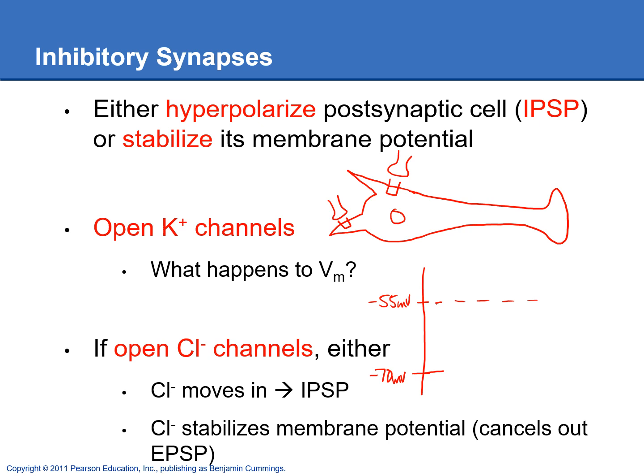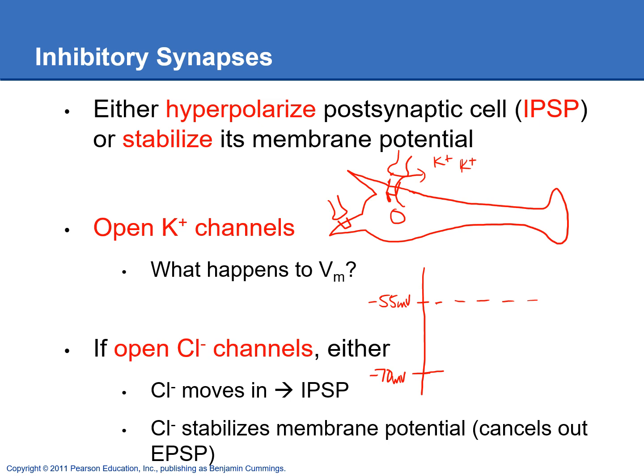Okay, let's take a look at creating IPSPs. So let's have our presynaptic neuron release some neurotransmitter here. And let's say our ligand-gated ion channel opens, and let's say this one's specific for potassium. And remember that potassium always wants to leave the cell. So if potassium is leaving our postsynaptic neuron here, what's going to happen to our membrane potential?